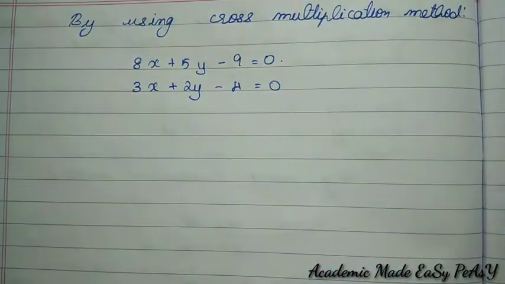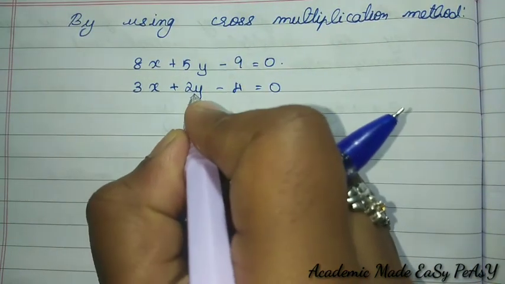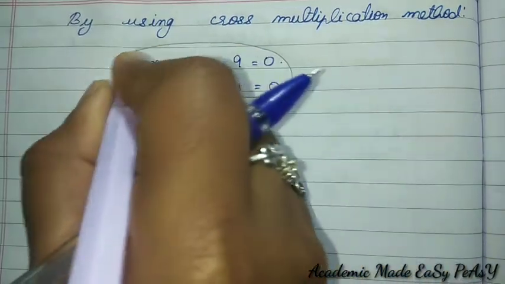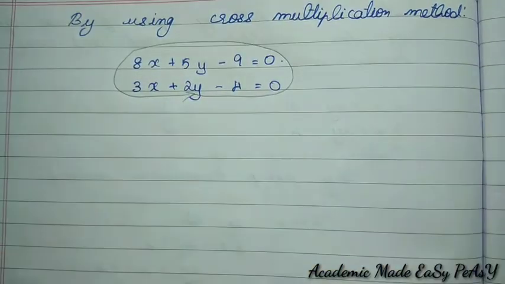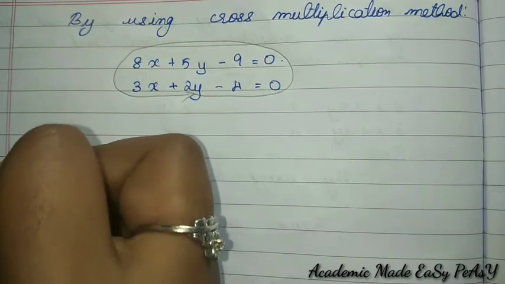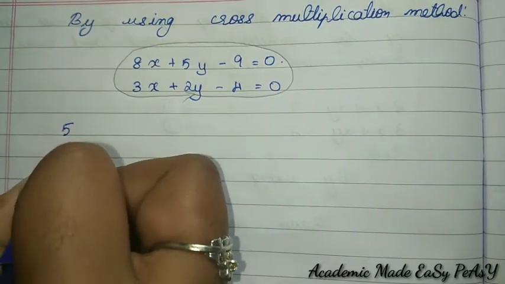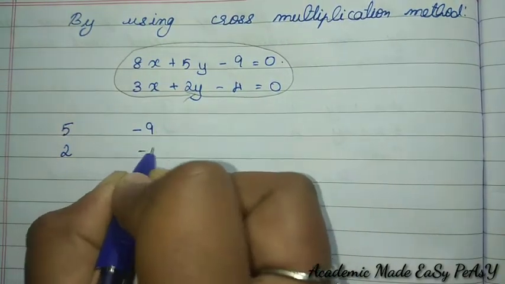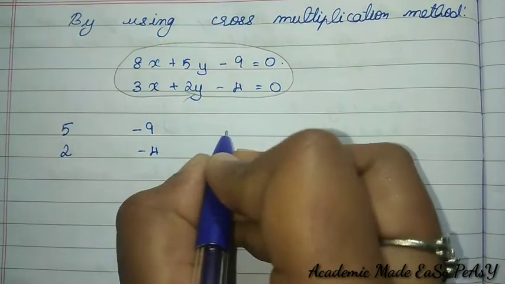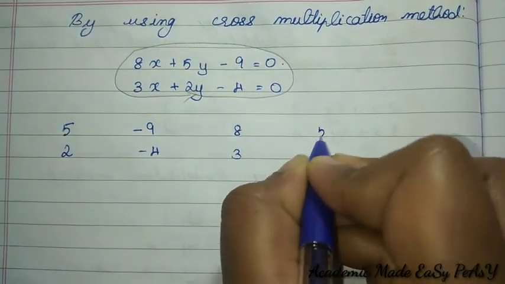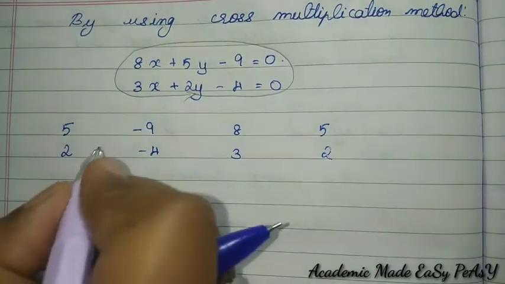Now what will we be doing? We will be going in a circle, right from B, ending at B itself. So my B is 5 and 2. My C1, C2 is minus 9 and minus 4, and A is 8, 3. Now I will just be crossing.